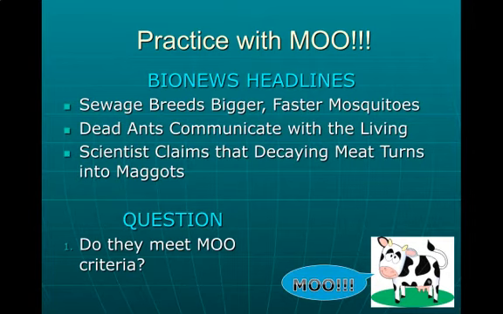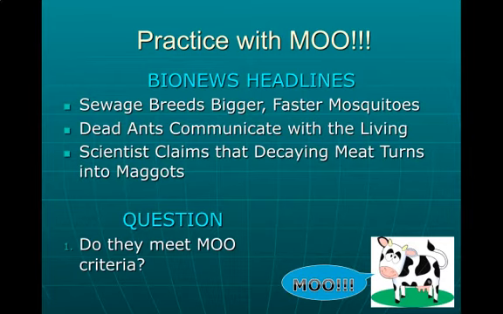Sewage breeds bigger, faster mosquitoes. Does this meet the moo criteria? Is it measurable? Okay, bigger, you can measure that. Faster, you can measure that. Is it observable? Can you actually see this happening?